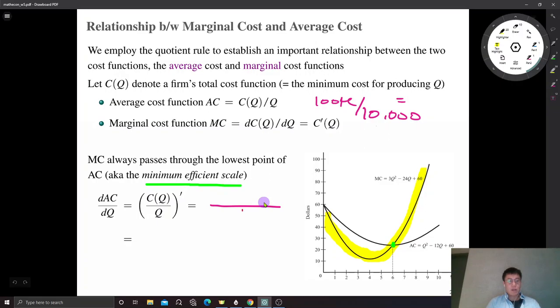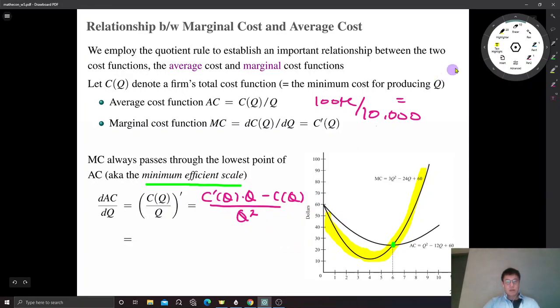Then we obtain Q squared on the bottom, and on the top, C prime times Q minus C times 1, so just C.